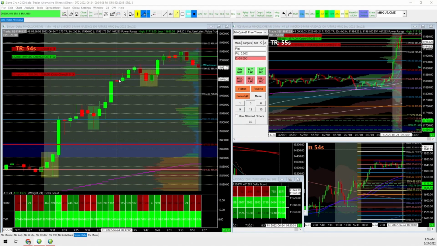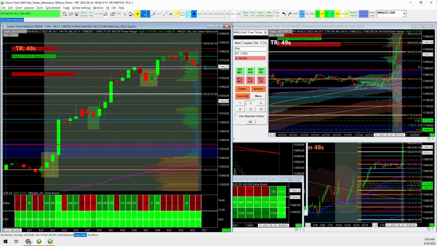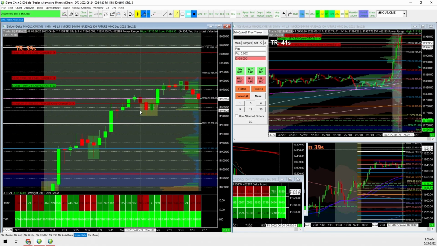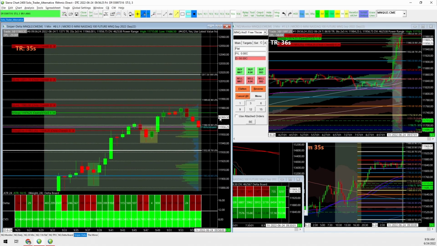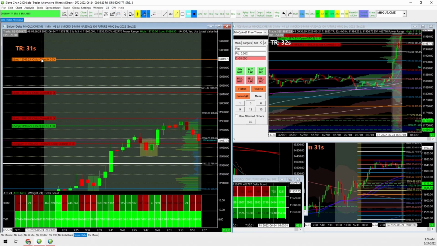Gotta put my trigger up there. I want a little bit of space. Yeah. So I have to execute on that right there. And okay, so this last one is in deep space.